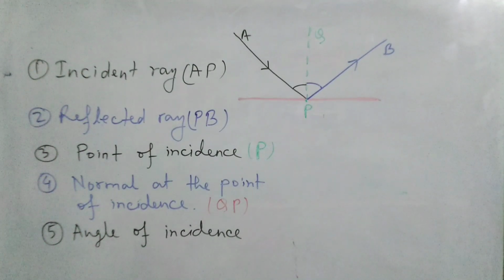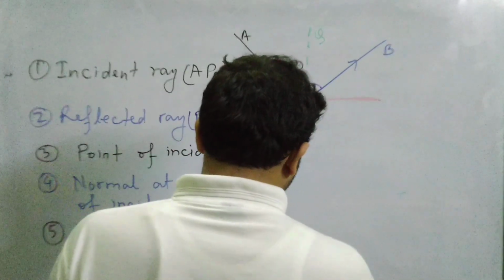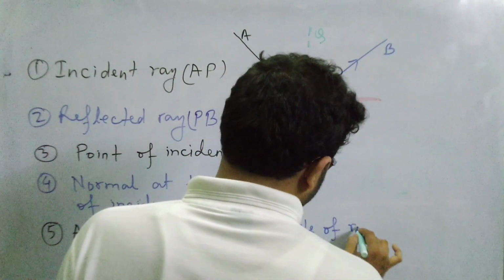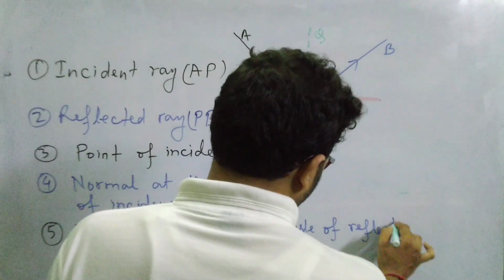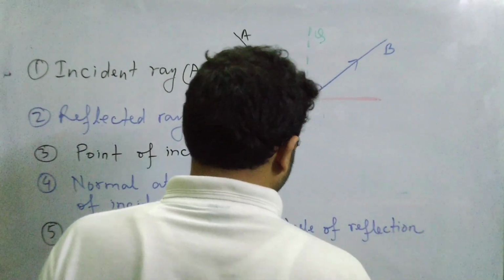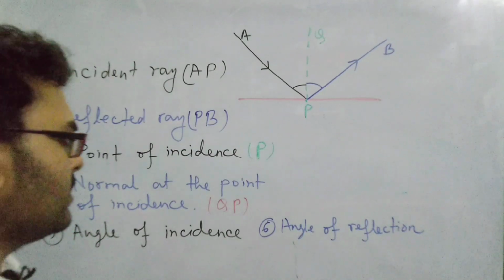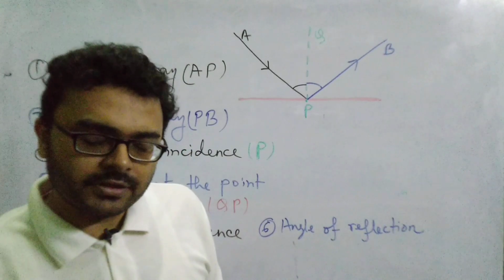Next comes the sixth point, the angle of reflection. What is the angle of reflection? The angle made by the reflected ray with the normal is called the angle of reflection.